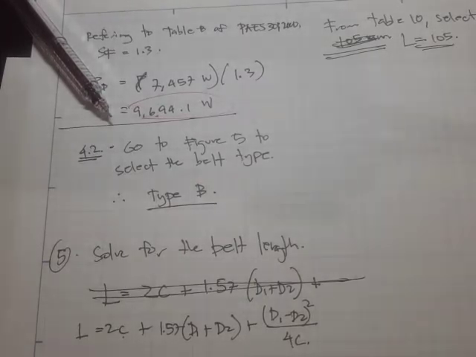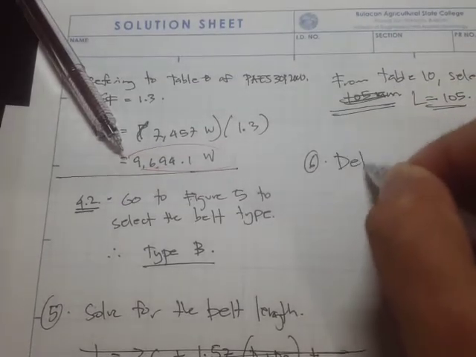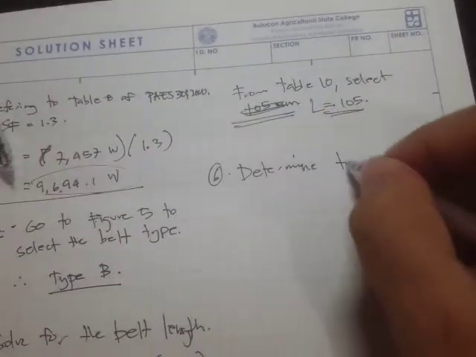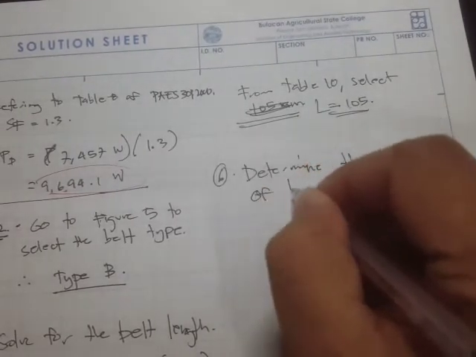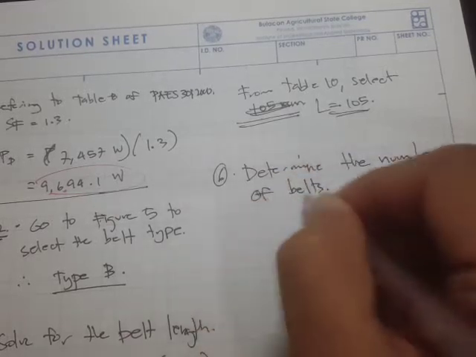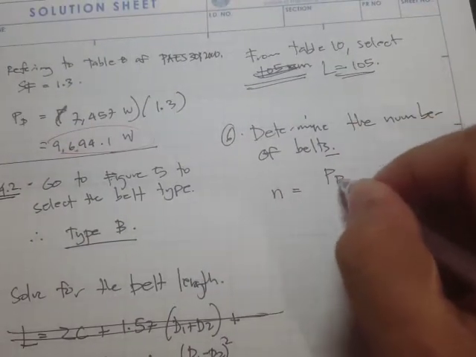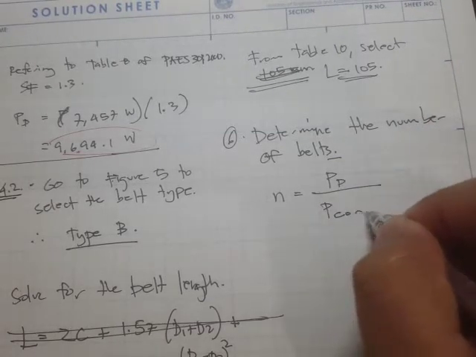Okay, next step is to determine the number of belts. And we have this equation that N is equal to the design power divided by the corrected power.